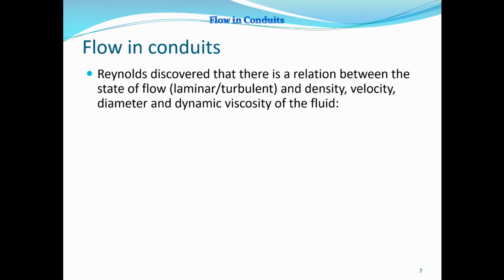And Reynolds discovered that there is a relation between the state of flow, that is laminar or turbulent, and the density, velocity, diameter, and dynamic viscosity of the fluid. Okay, at the end, the formula for the Reynolds number, defined as Re, is sometimes given as rho V d over mu.